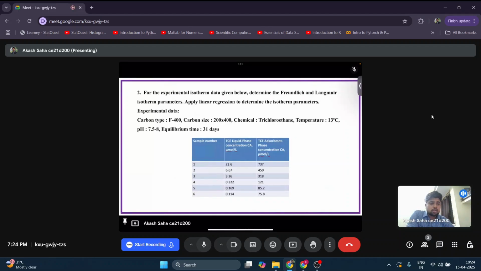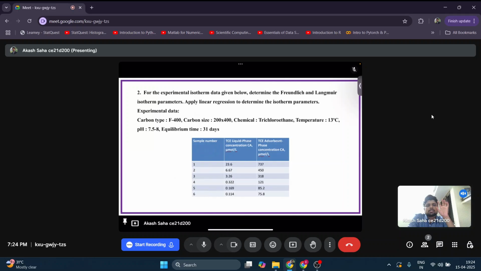Okay, so let's solve the next question now. So it's basically a graphical question, but it will give you an idea of how the Freundlich and the Langmuir isotherms that we have seen in adsorption, how we have to find out the various parameters related to them. Okay, we have seen the equations of Freundlich and Langmuir, but we don't know how to calculate those parameters.